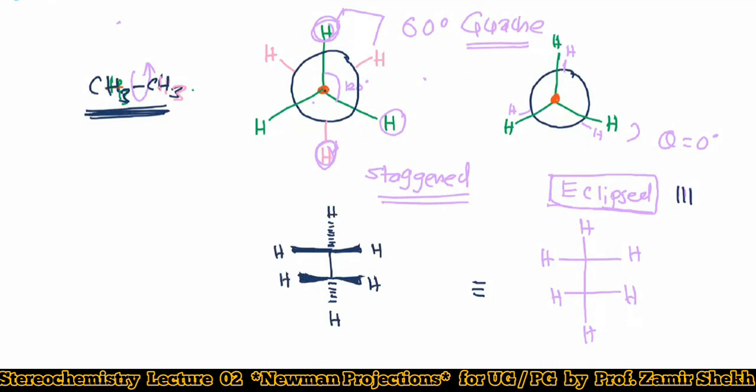So we have already discussed the first 2, wedge and Fischer, and now it's Newman. That means a single molecule can show all 3.